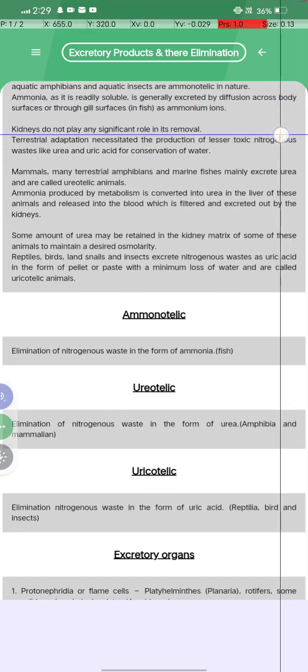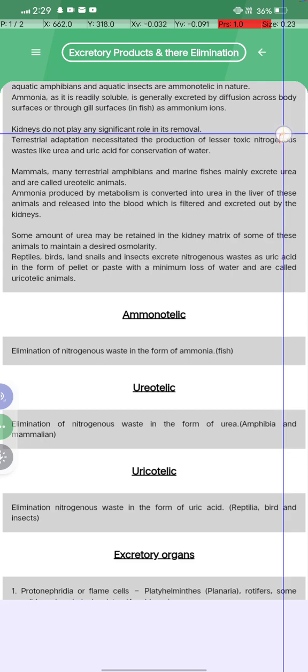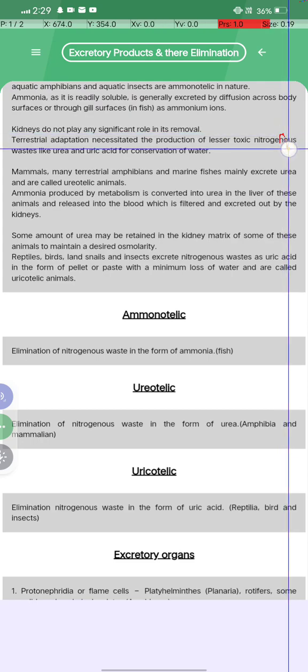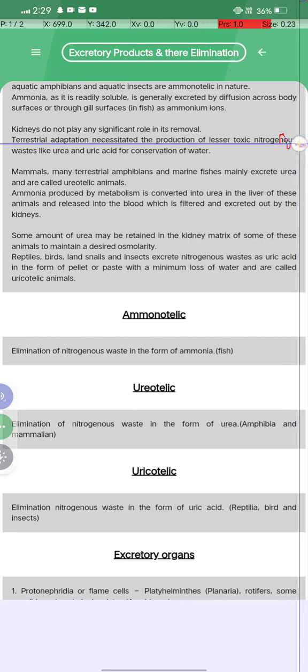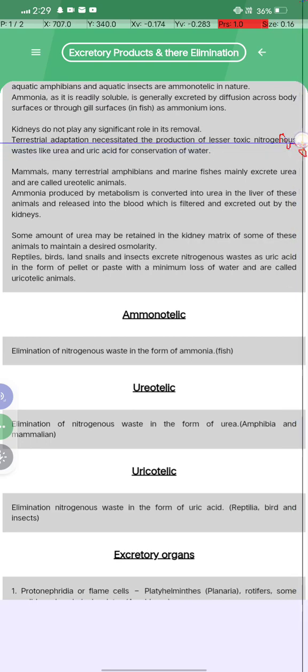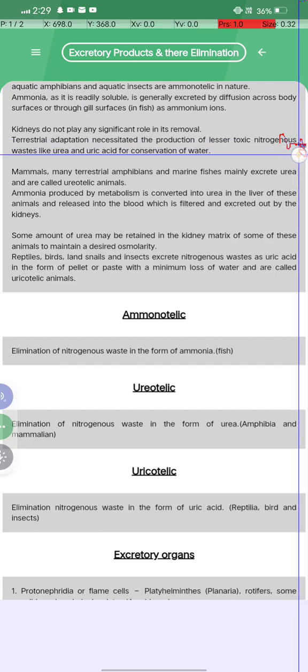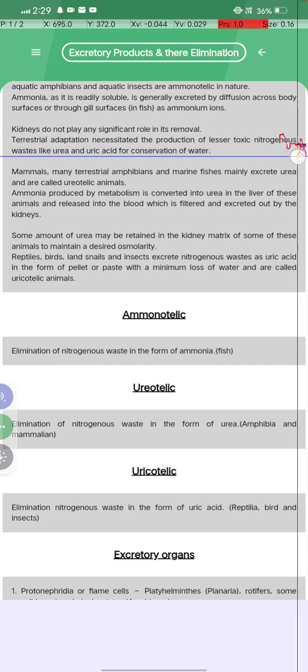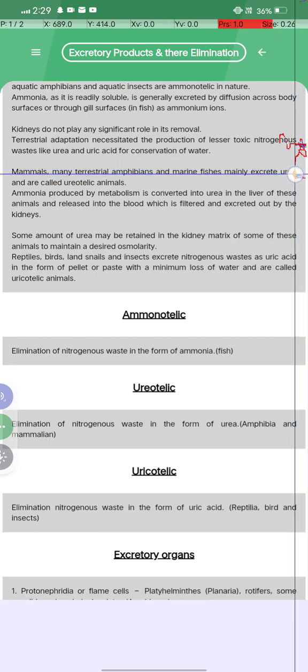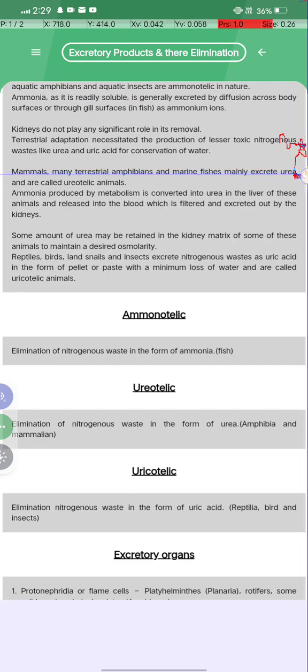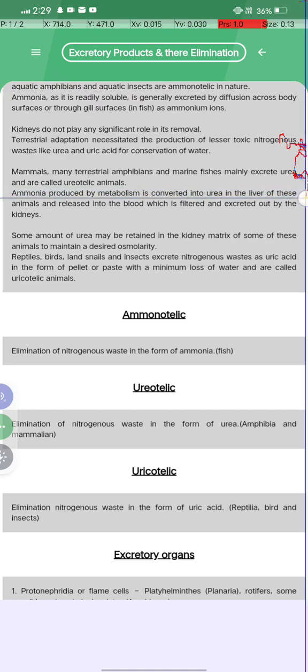Kidneys do not play a significant role in its removal, and terrestrial adaptation necessitated the production of less toxic nitrogenous waste like urea and uric acid to conserve water. Mammals, many terrestrial amphibians and marine fishes mainly excrete urea and are called ureotelic animals.